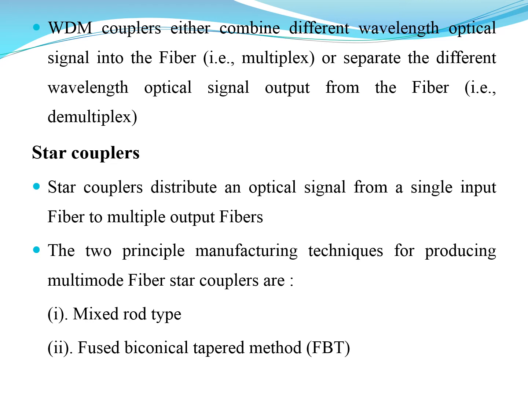So a single coupler can distribute an optical signal from one fiber to n number of fibers. The two principal manufacturing techniques used for producing these multimode fiber star couplers are the mixed rod type, which is one method of manufacturing, and the other is the fused biconical tapered method, the FBT method.